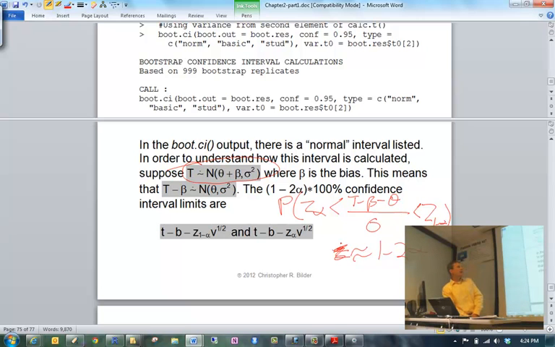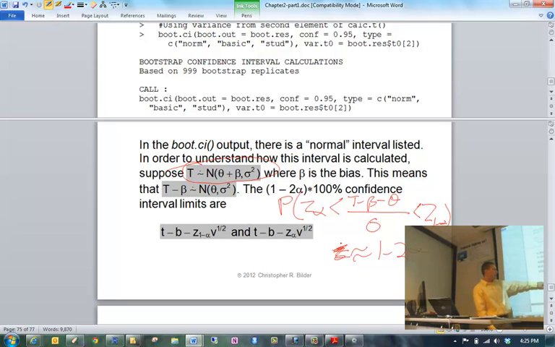All we're doing is acknowledging the fact that we might have a biased statistic. Then you could use some algebra, and so you just have theta in the middle, and then from that I'll substitute the observed values for your random variables to get this as a confidence interval.